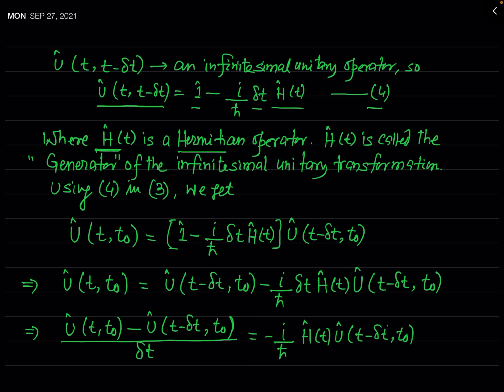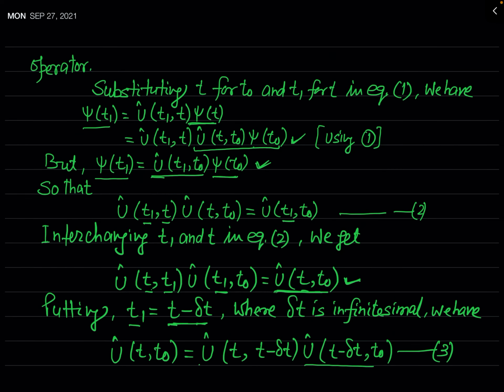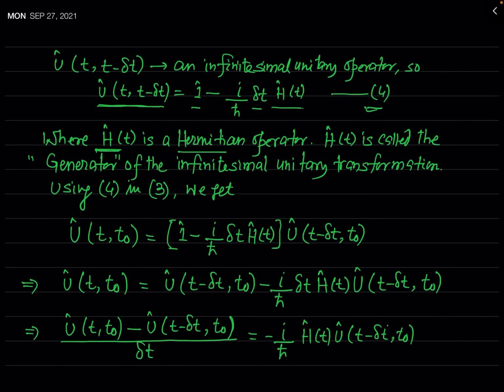So let us substitute this definition of the infinitesimal unitary operator, which we have defined in equation 4, into equation 3. So instead of this U hat(t, t minus delta t), we have written here this much from equation number 4.